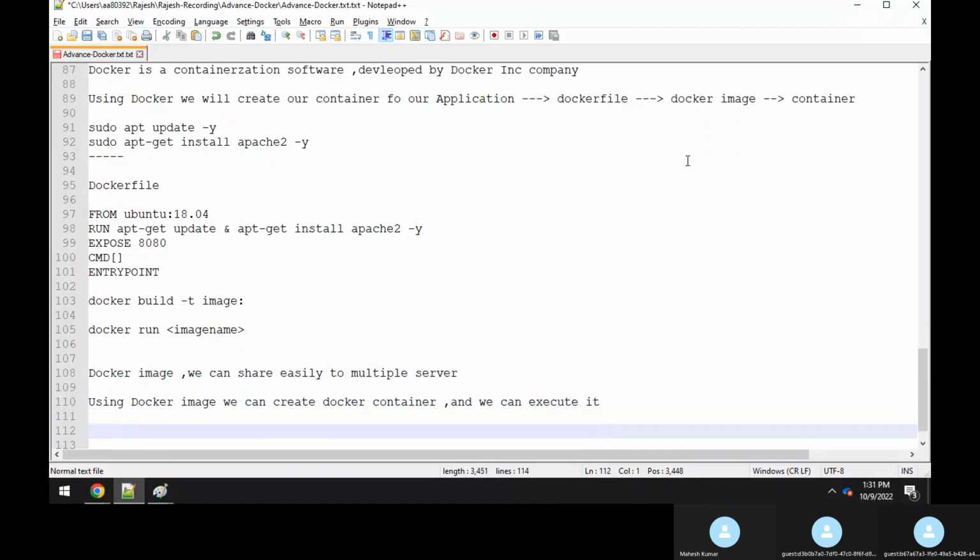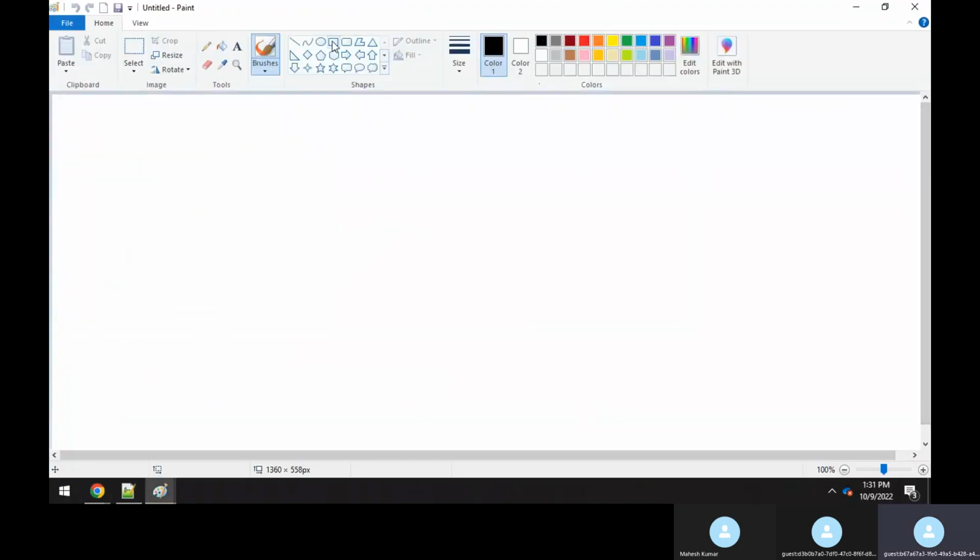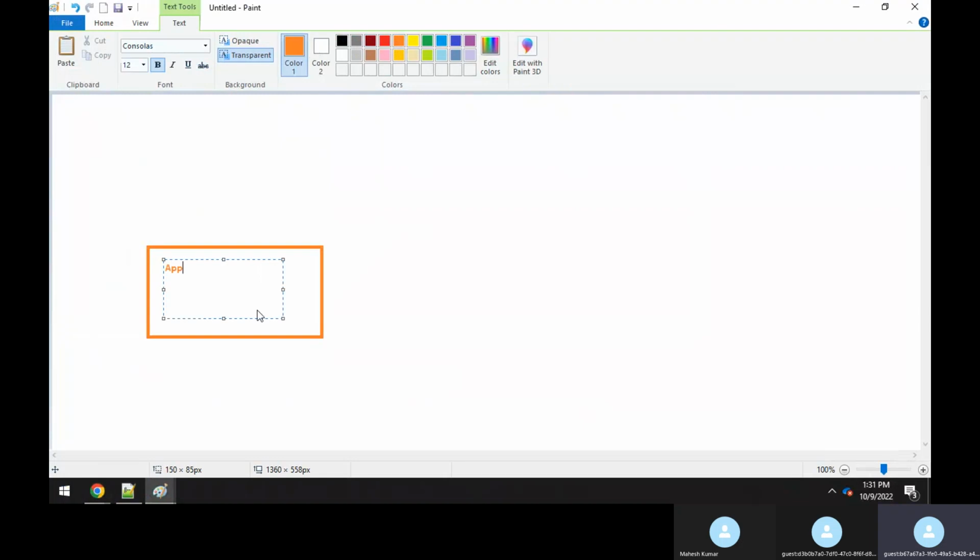Right? So if I want to show this in a pictorial diagram, it will be something like this. Let me use some orange color. This is nothing but your application with Docker.